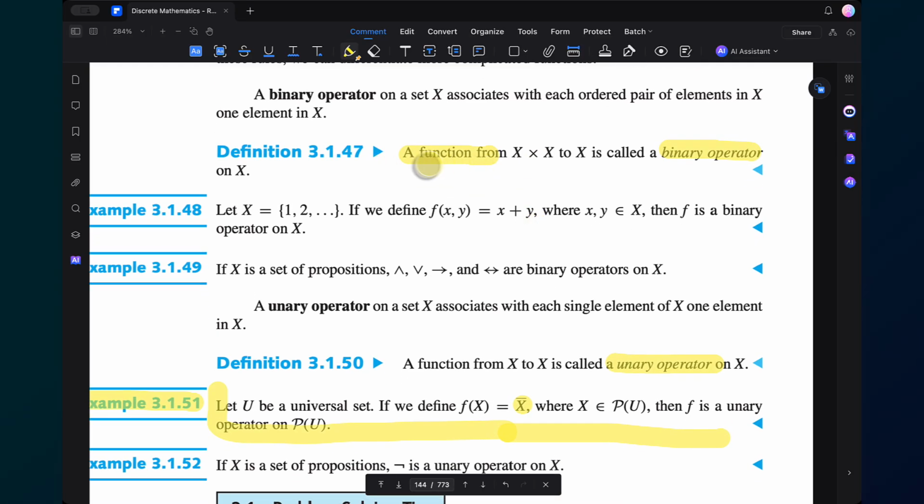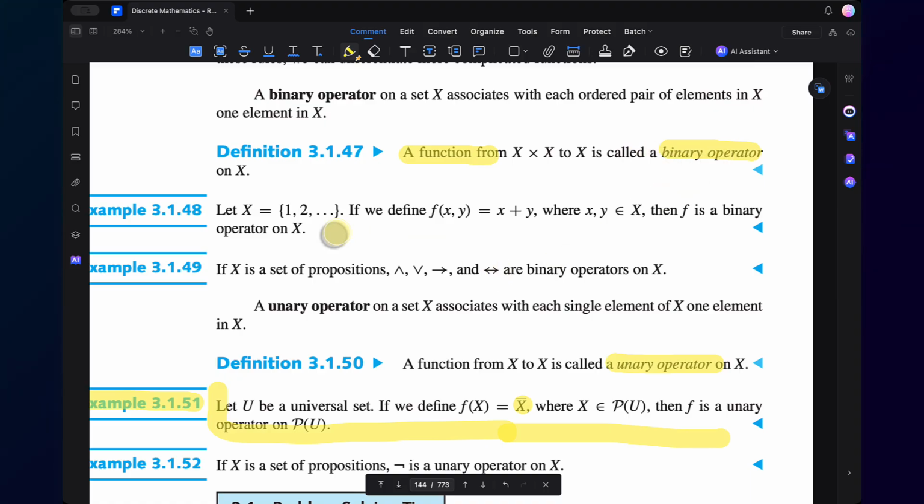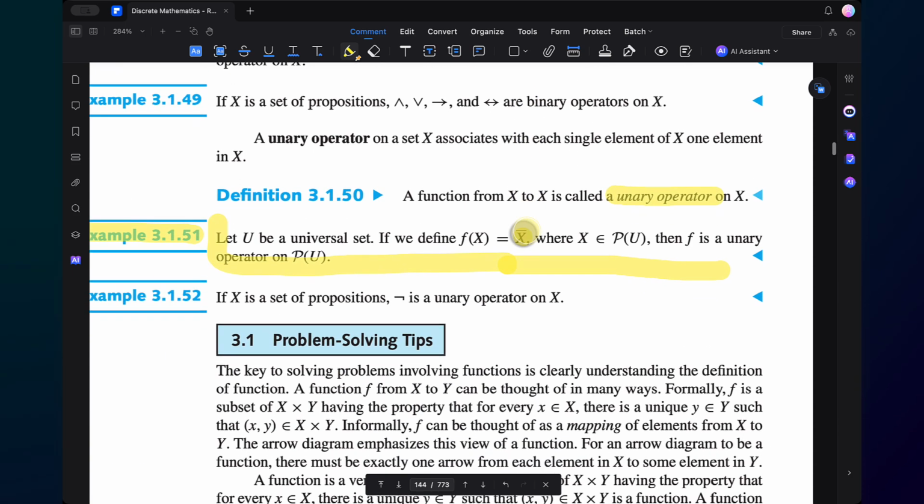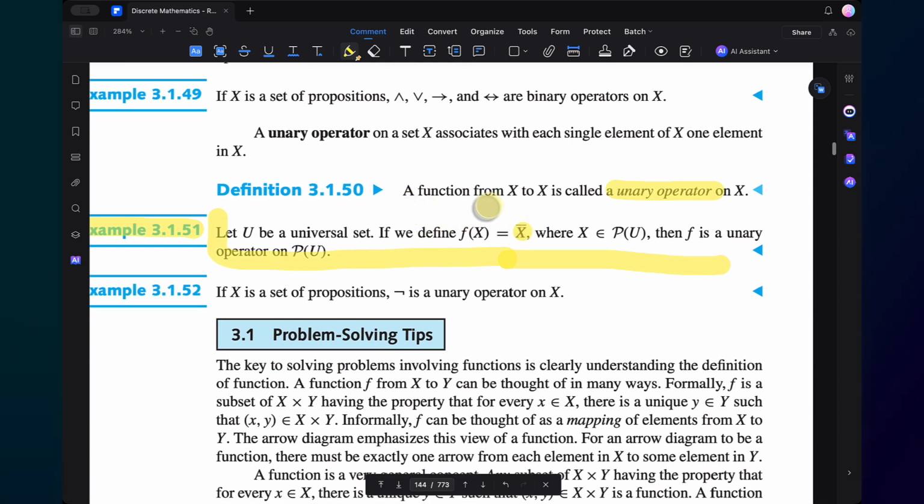Here's a definition. Things like addition are a good example. A function from X cross X to X is called a binary operation. Here's a good example: f(x, y) = x + y, a binary operation. And lastly, a function from X to X is called a unary operation.